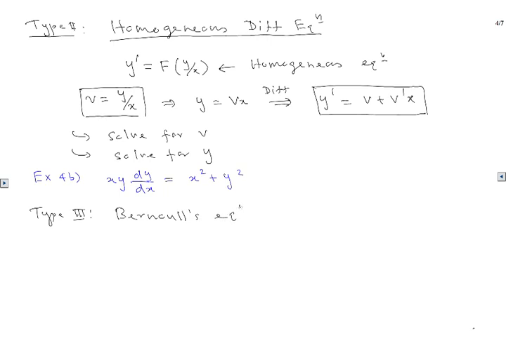If you can write a differential equation in this form, we call this a Bernoulli equation. We can write the equation as y prime plus p(x)y equal q(x) y to the n. If you can write a differential equation like that, we call it a Bernoulli equation.